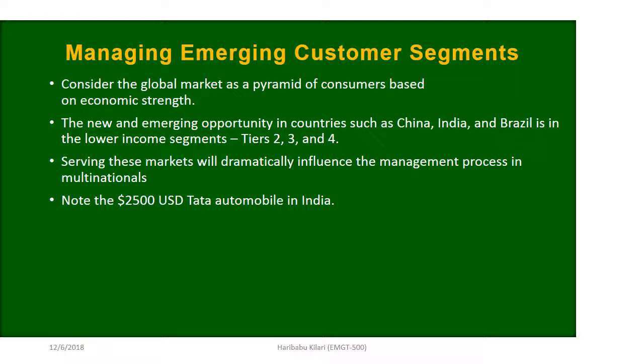Definitely. So to serve these emerging markets, MNCs shall follow strategies which will be different from the strategies applied in the developed countries or developed markets. And he gave the example of the 2500 US dollar Tata automobile in India, which was released a couple of years back.